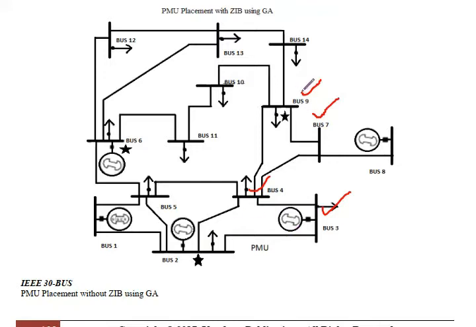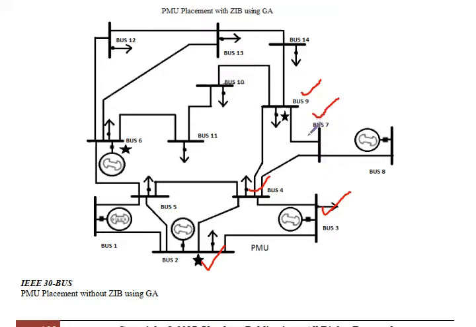Why are these observable? Because at bus number 9 the PMU is already placed, so it is observable. Bus number 4 and 3 are also observable because at bus number 2 the PMU is present, so the buses connected to bus number 2 are also observable. So bus number 4, bus number 3 and bus number 9 are observable. So this zero injection bus can also be made observable by applying KCL and KVL.